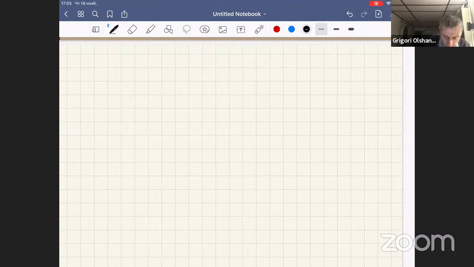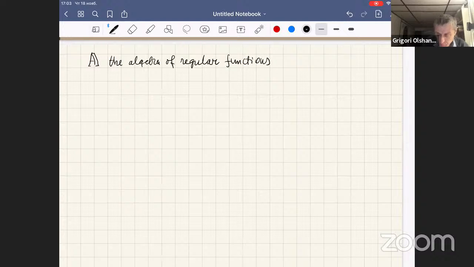So I recall my notation: A, the algebra of regular functions on the set of Young diagrams. So the definitions are as follows. So we have this algebra.